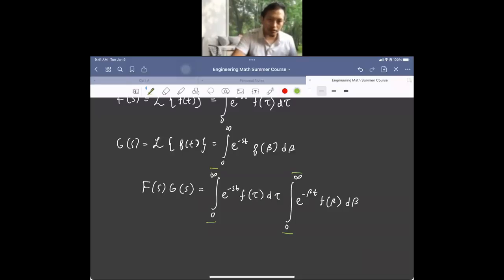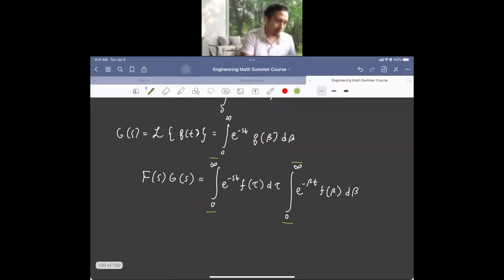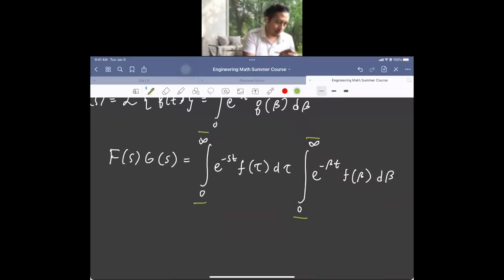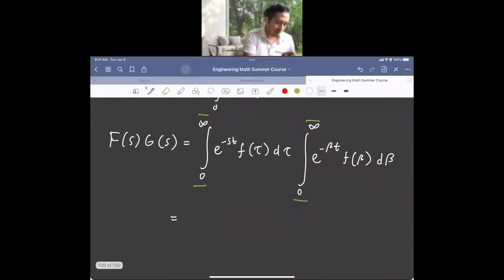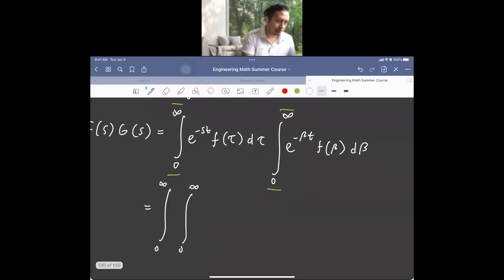What is interesting here is we can set this up as a double integration.